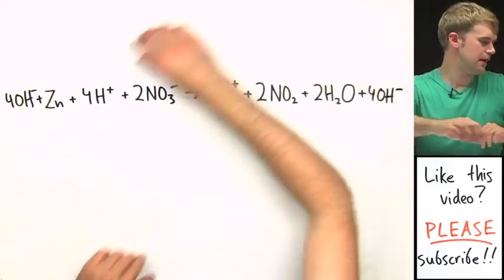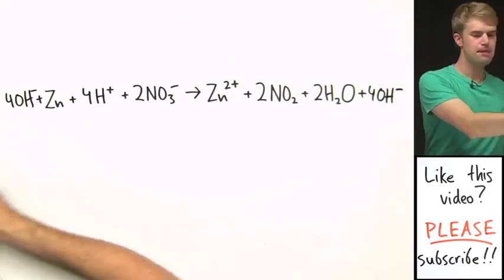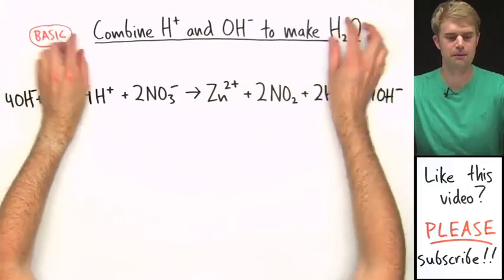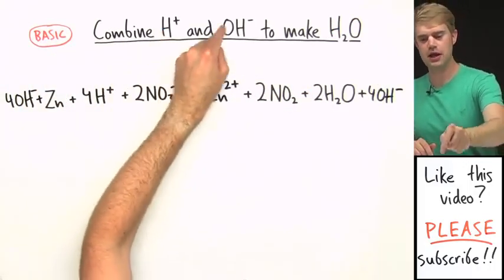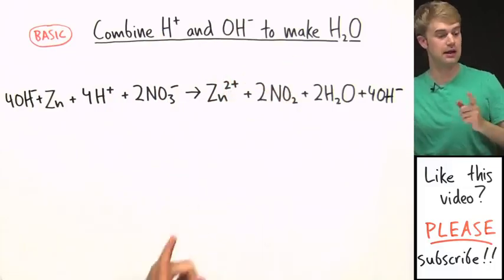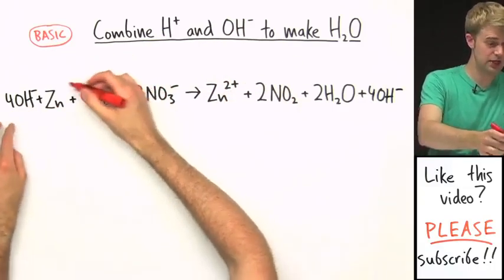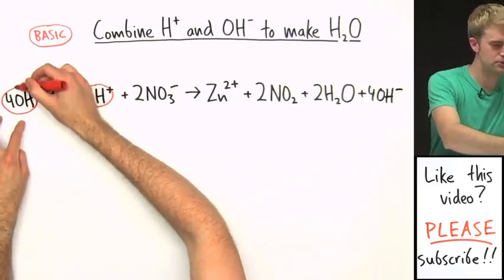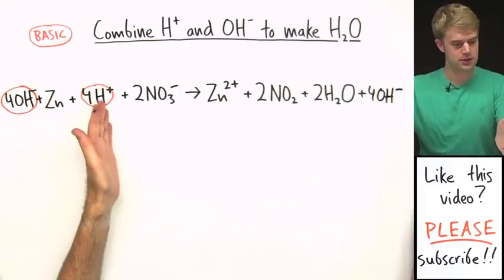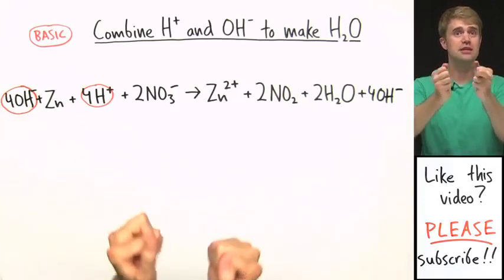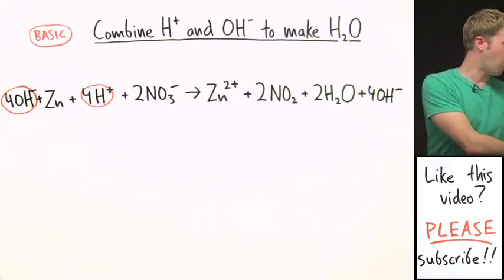Okay, the next thing that I'm going to do is combine the H plus and OH minus to make H2O. So I have these H pluses and these OH minuses. When H pluses and OH minuses come together, they make water.